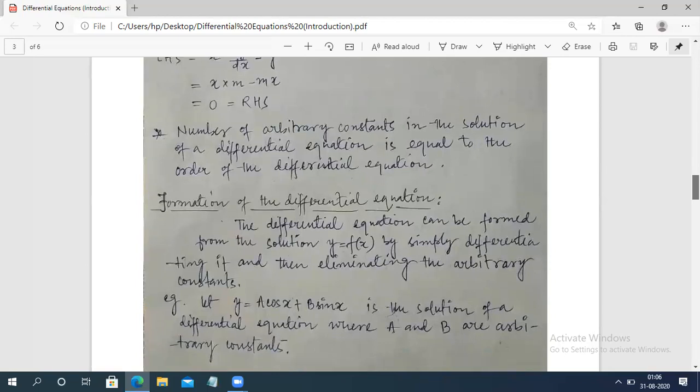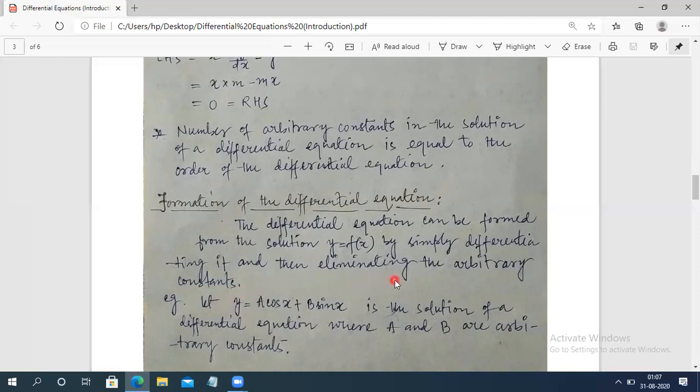Now how can we form a differential equation? That means if the solution is given, then find the differential equation. A differential equation can be formed from the solution by simply differentiating it and then eliminating the arbitrary constant.